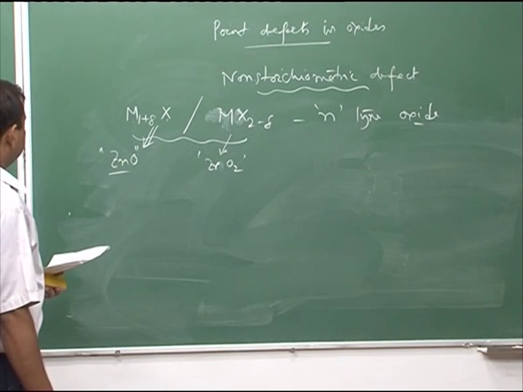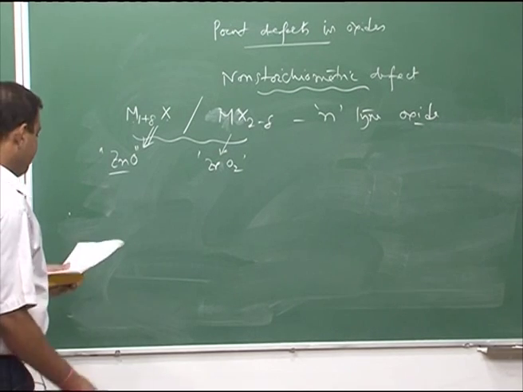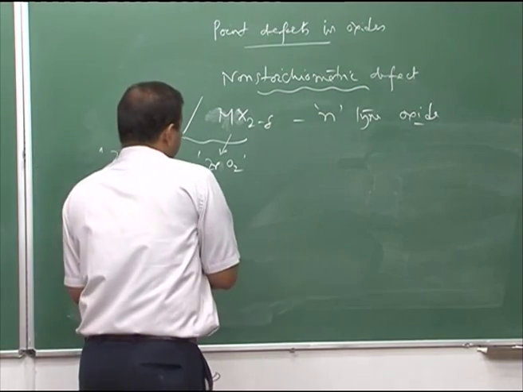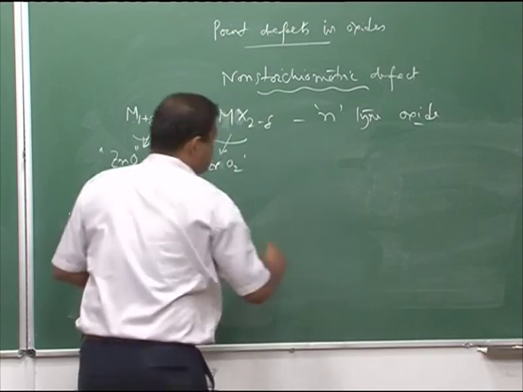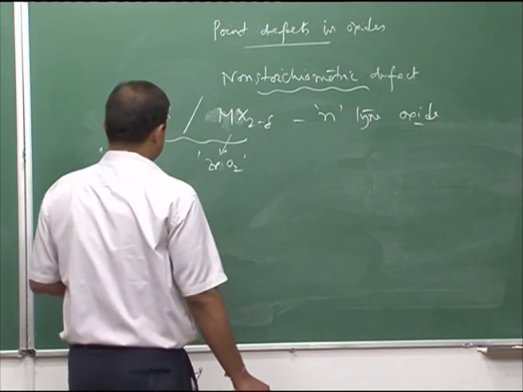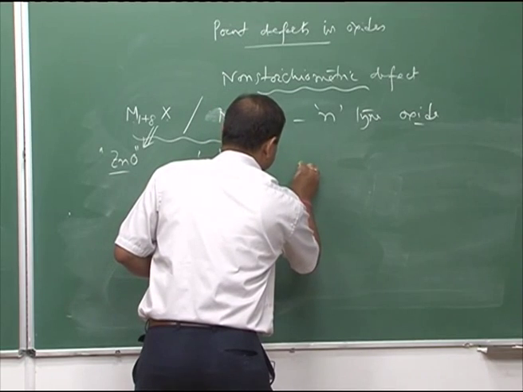Now, let us see the defect structure of ZnO. If we consider the defect structure of ZnO, we can have a small part of the lattice in 2 dimension.